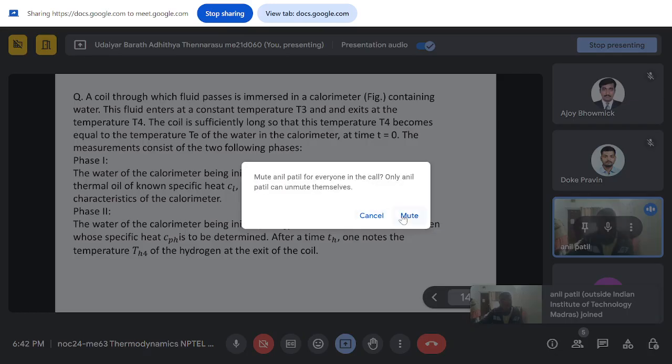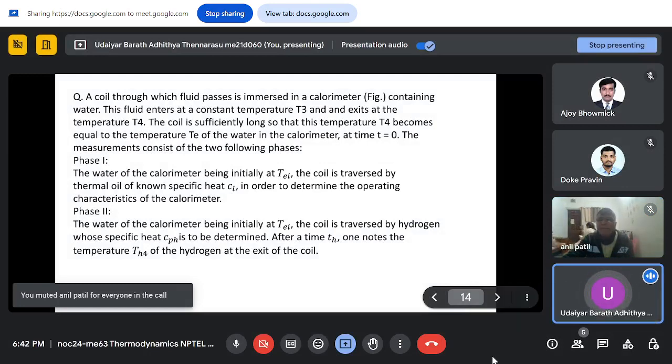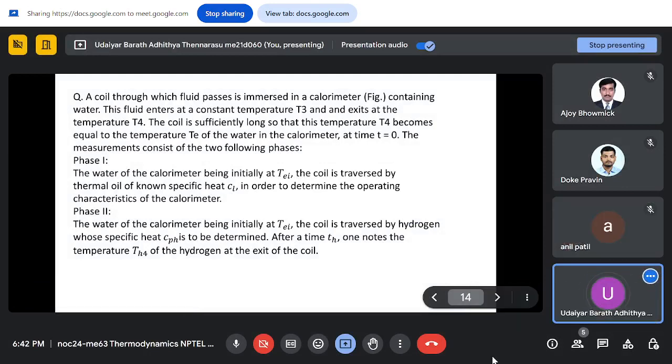The next problem: we have a coil through which fluid passes, immersed in a calorimeter. So this is a problem of a calorimeter. In a calorimeter, you do some process and it is surrounded by fluid, mostly water. You measure the change in the temperature of the water to estimate, for example, the calorific value of any fuel or oil.